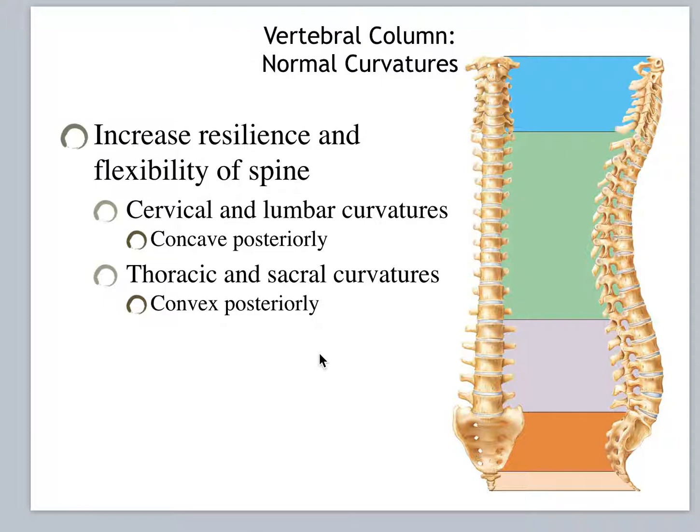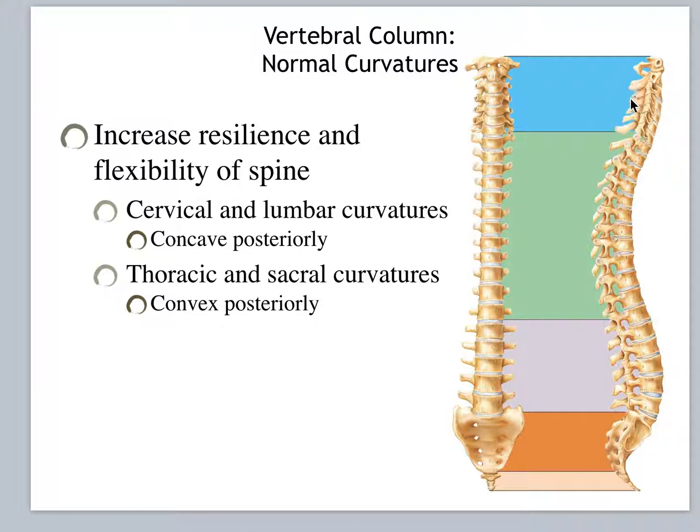The normal spinal column, or vertebral column, has different curves. There's a cervical curve, and there's a thoracic curve, and there's a lumbar curve, and a sacral curve. If you're standing in the back, looking towards the spine, the cervical spine is going to be concave towards posterior.